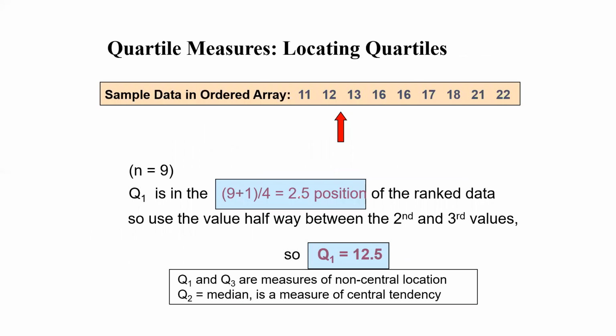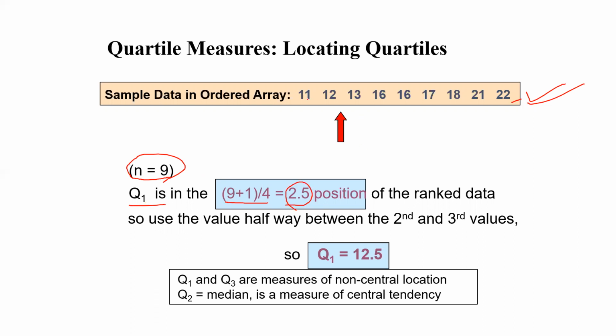For example, this is the sample data given here: 11, 12, 13, 16, 16, 17, 18, 21 and 22. Here the total number of observations is n. If we try to find the Q1 value, here (n plus 1) divided by 4 gives 2.5 as the position in the ranked data.